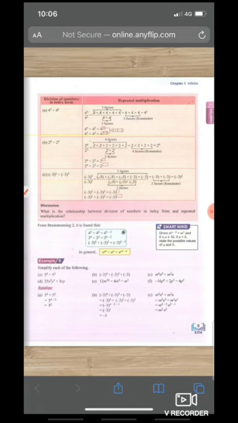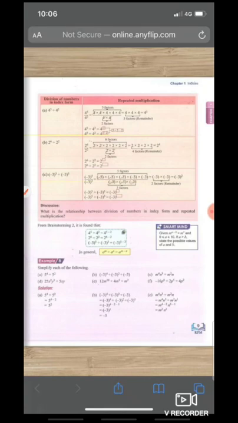Multiplication is plus, while division is minus. So here we look at A, 4 to the power of 5 divided by 4 to the power of 2. The base is still the same, so we just need to subtract the powers. 5 minus 2 is 3. So the answer is 4 to the power of 3.